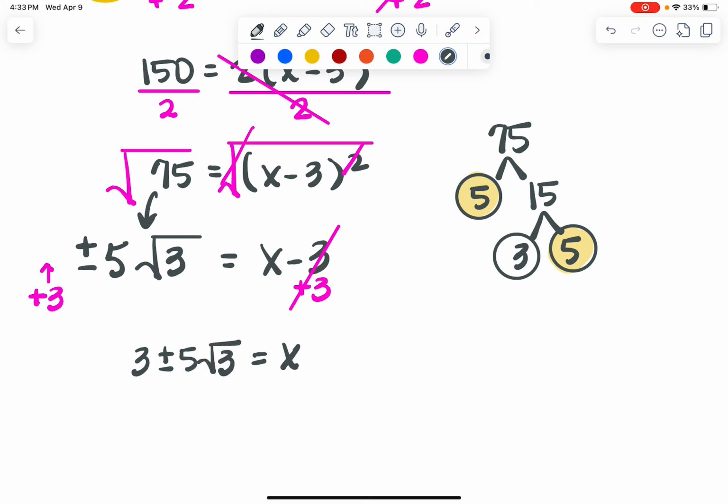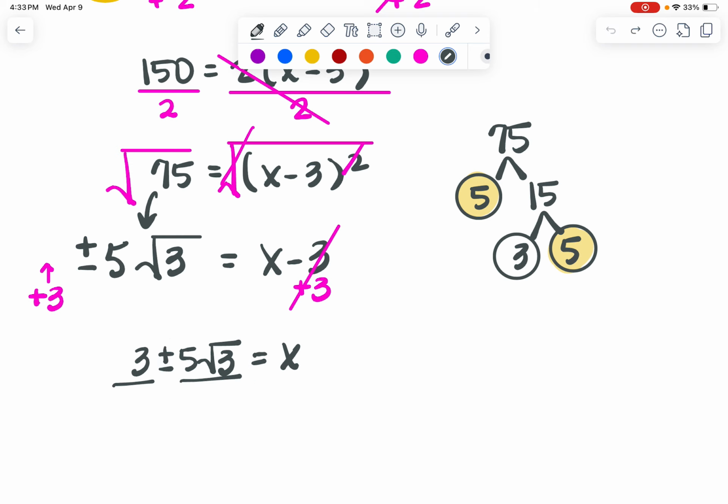And on this one, that's my final answer because I cannot add 3's to 5 root 3's. I can only add root 3's. This is all a root 3 term. The 5 and the root 3 are glued together to make a term. So I can only add 5 root 3's to other root 3's.